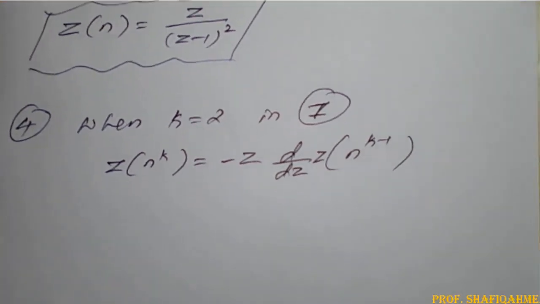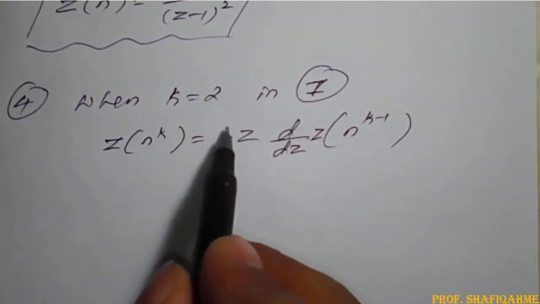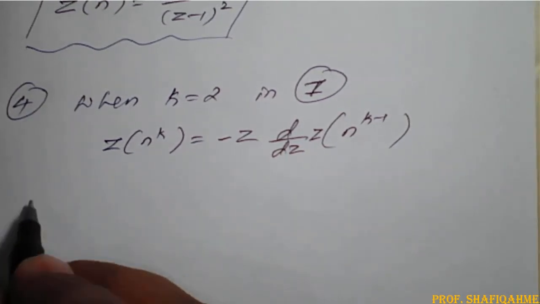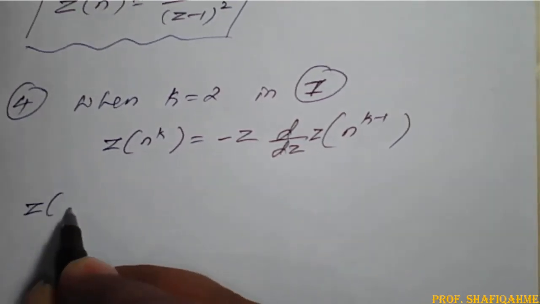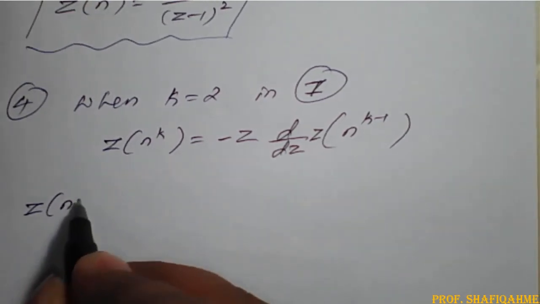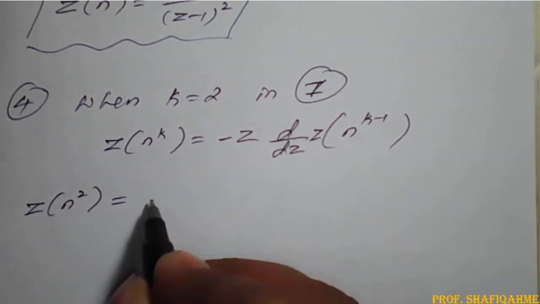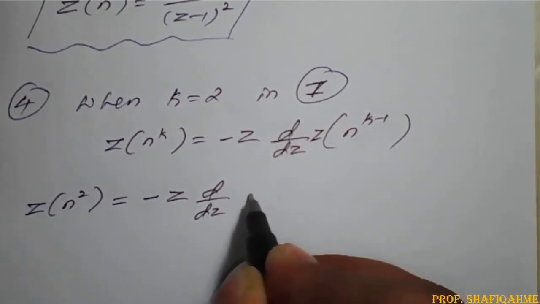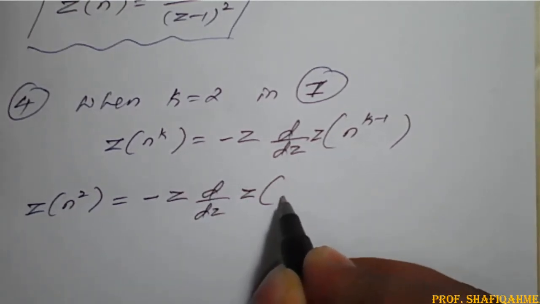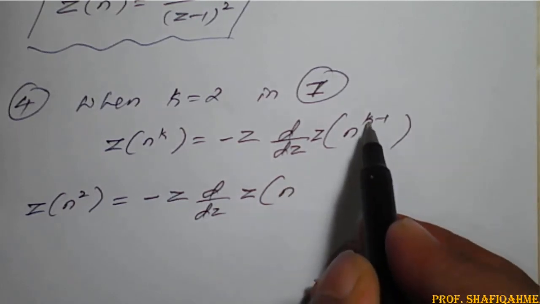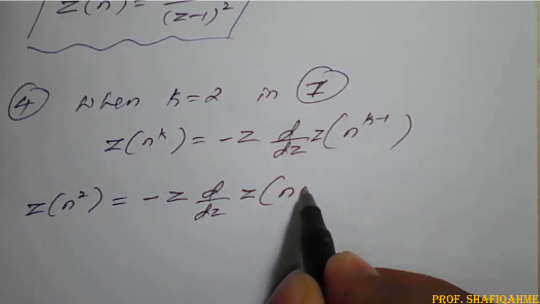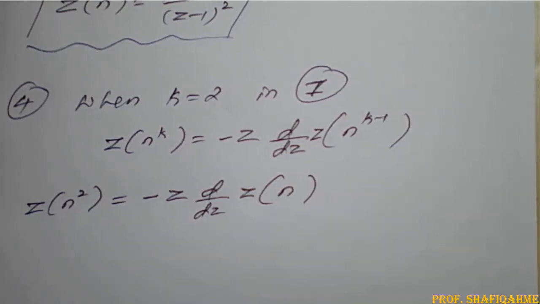This is our result number 1. If you apply k is equal to 2, z transform of n square is equal to minus z d by dz of z transform of n raised to 2 minus 1, which is 1, so n raised to 1 is n itself.